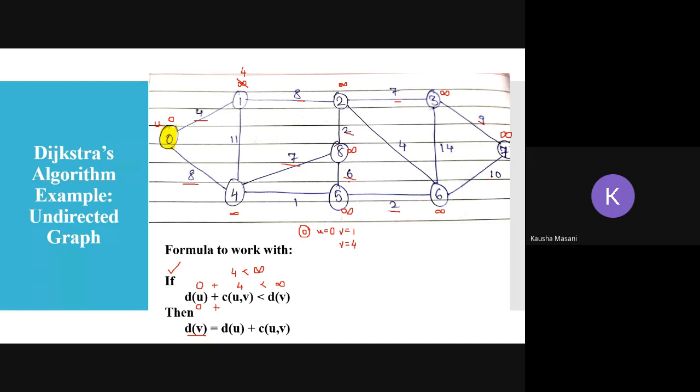Cost to reach vertex 4 is 8. Is 8 less than the distance of 4, which is currently infinity? So 0 plus 8 is 8. 8 is less than infinity, true. So go and update the distance of 4. Instead of this infinity, now the distance is 8.